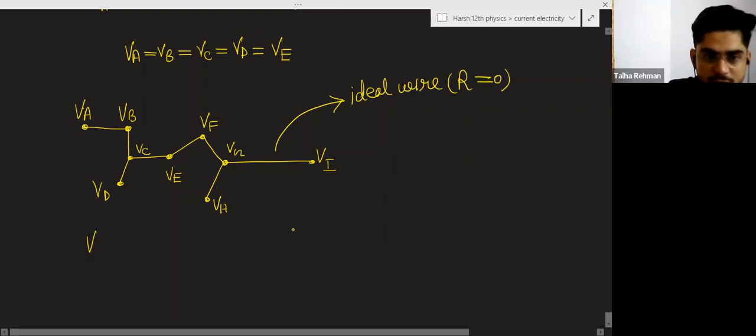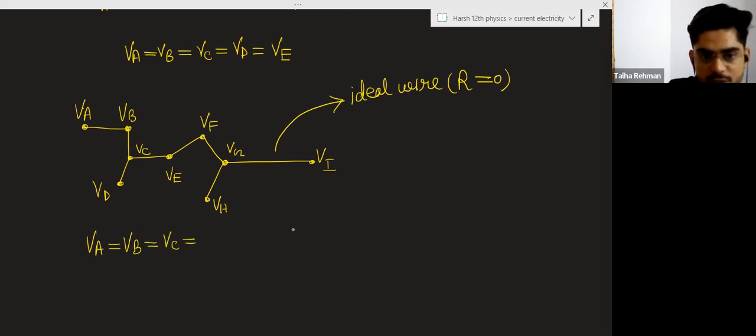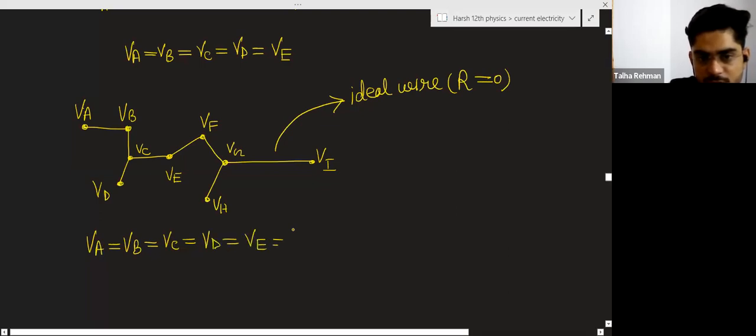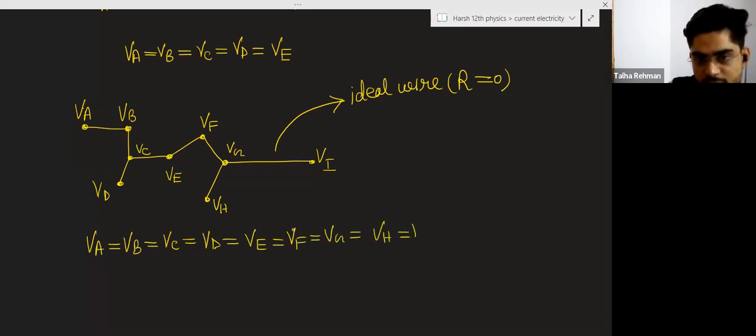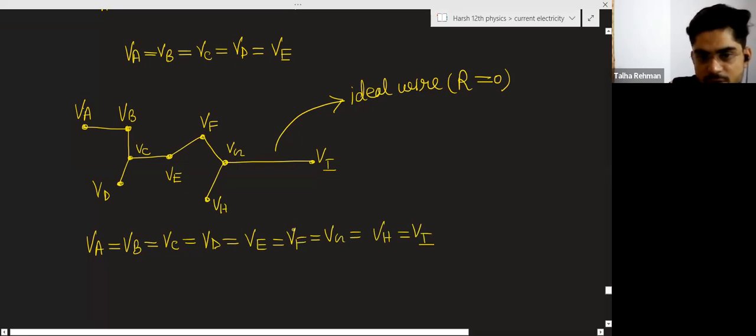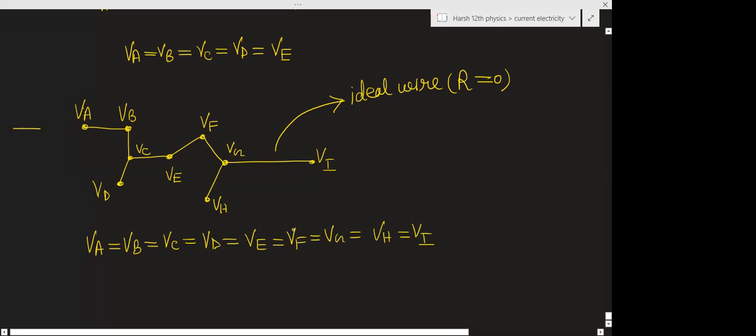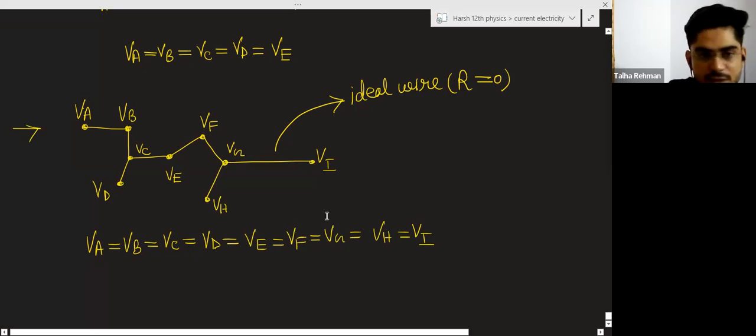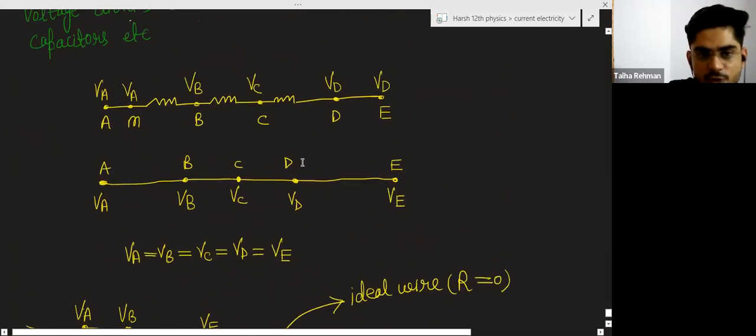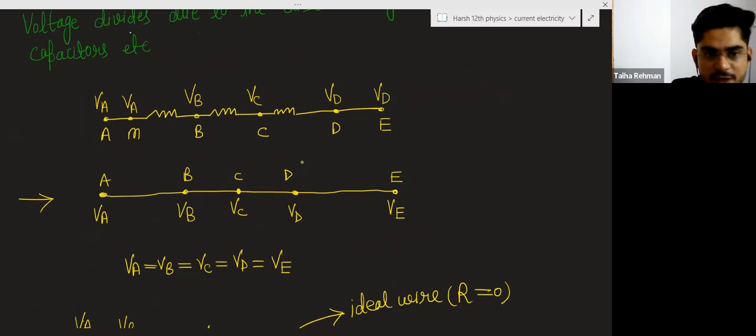So you will say here potential at point A, potential at point B, potential at point C, potential at point D, potential at point E, potential at point F, potential at point G, potential at point H, potential at point I. All the points will have the same potential because in this wiring, no resistances are connected.